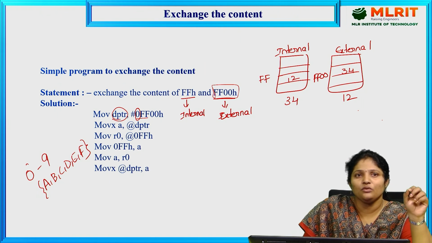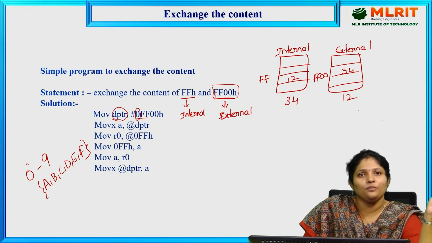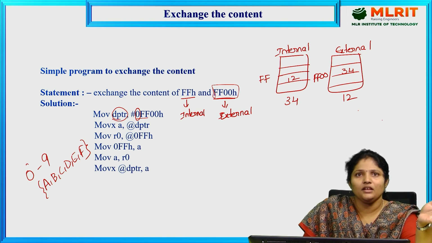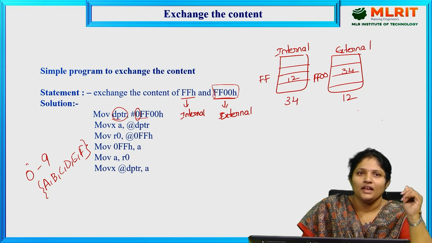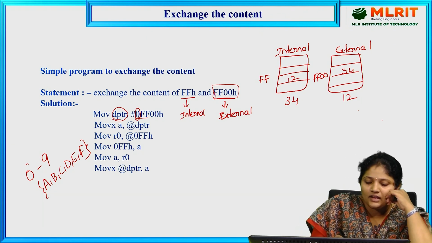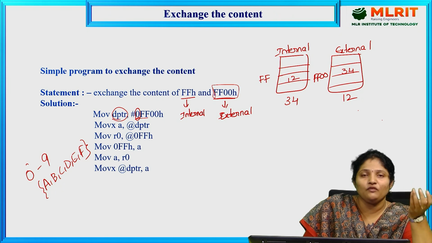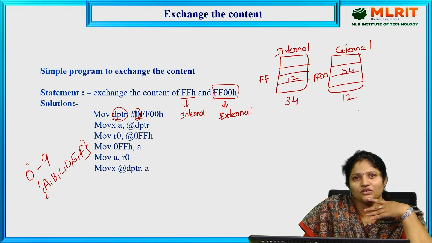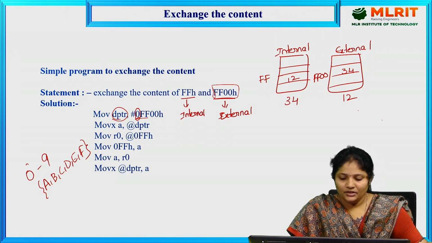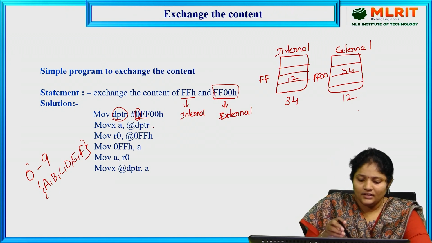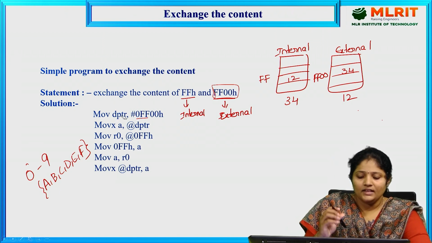So we need to mark it by using 0 before that. That 0 doesn't represent anything, but you need to write it so that the controller can access it as a hexadecimal number. That's why I kept 0 before FF. If we didn't mention 0, it will throw some error.